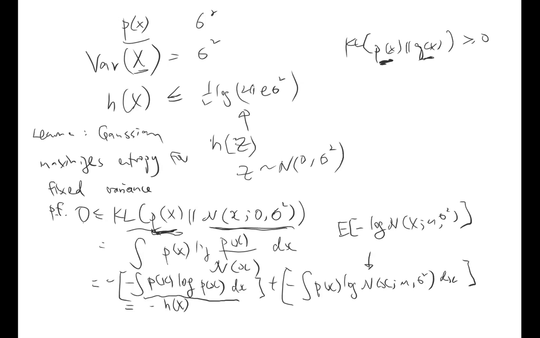But I need to be careful. My expectation here is applied to the distribution P. If I applied it to the distribution N here, that would just give me the entropy of the Gaussian distribution. But this is the expectation over P. Note that the PDF of N only depends on mu and sigma square, so whatever this thing is will be just a function of mu and sigma square.